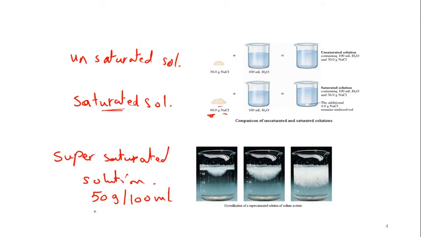But if I try to dissolve around 993 grams in 100 ml of water, if I heat my solution and try to dissolve this amount, it will dissolve completely. If I cool my solution down slowly, it will remain clear. But if I add an extra amount of sodium thiosulfate, the solution will start to collapse and crystallize dramatically.